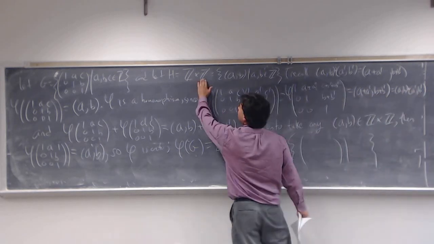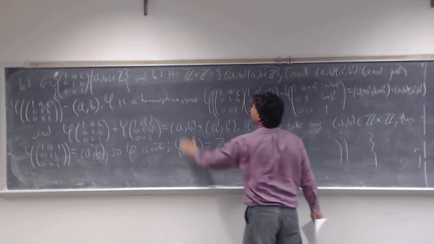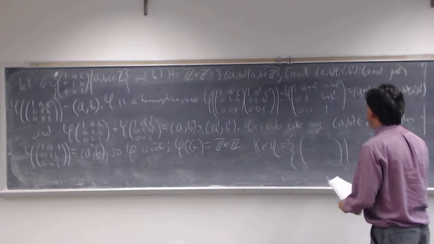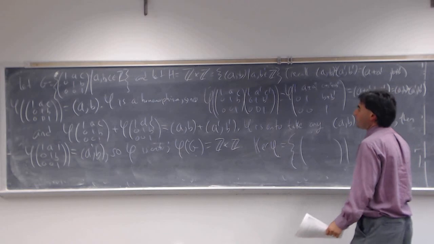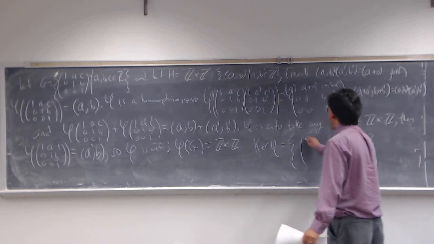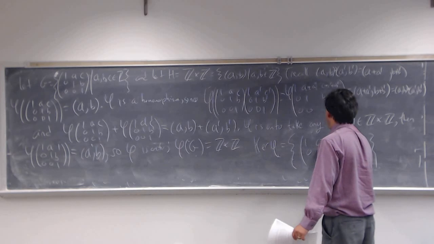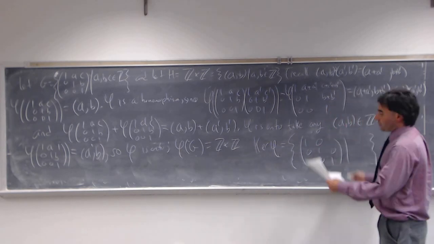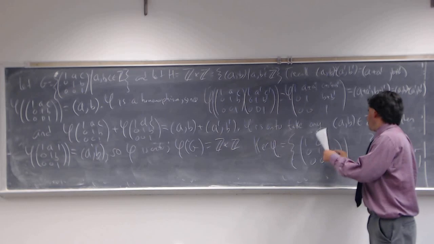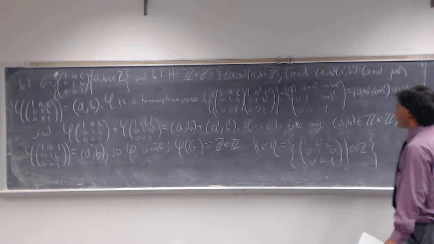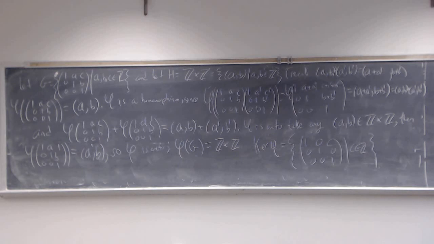This group's the same, Z. The identity in Z under addition is 0. So we want to end up with 0, comma 0. So I need to have a 0 here. I need to have a 0 here. And what do I need to have here? Anything. So we can just put a C here. So that is what the kernel is.